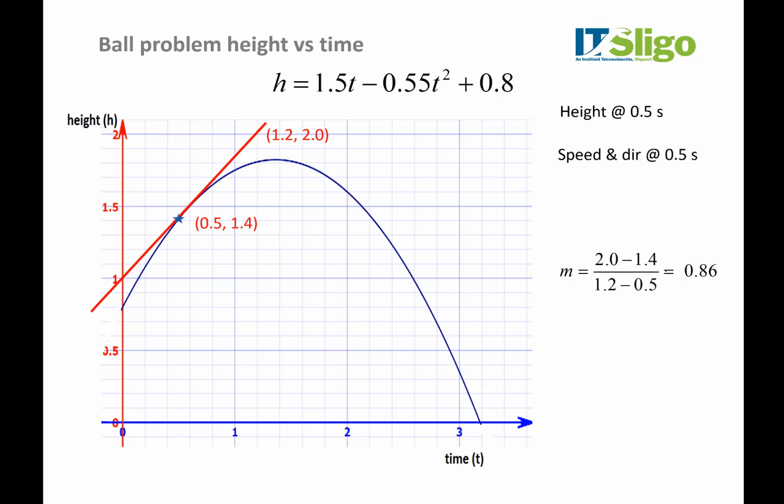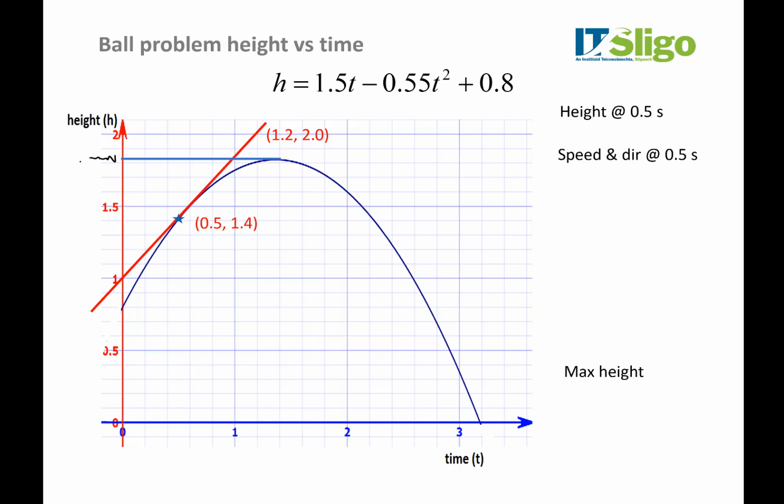So this was the big problem with drawing graphs and drawing tangents to curves: there was always human error involved, and we need to eliminate that human error. And that's what derivatives allow us to do. If we needed to determine the maximum height reached by the ball, again, it'll be a little bit of a guessing game.